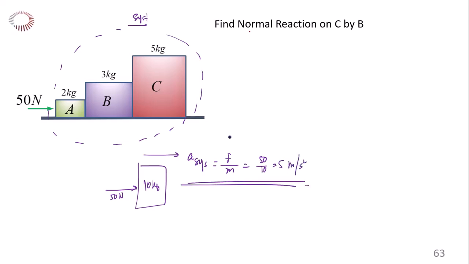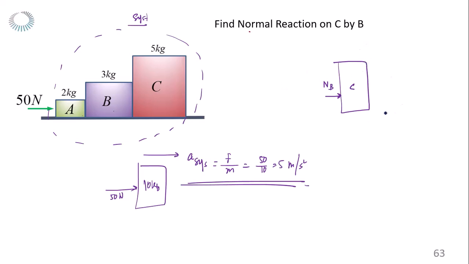Who is the system? The system is basically A, B, C. So the acceleration of A equals B equals C equals 5. Now you are asked to calculate the normal reaction on C by B. If I draw the free body of C only, B applies a normal reaction on C in this direction. Why? Because the normal is always of a pushing nature, this is the force NB.